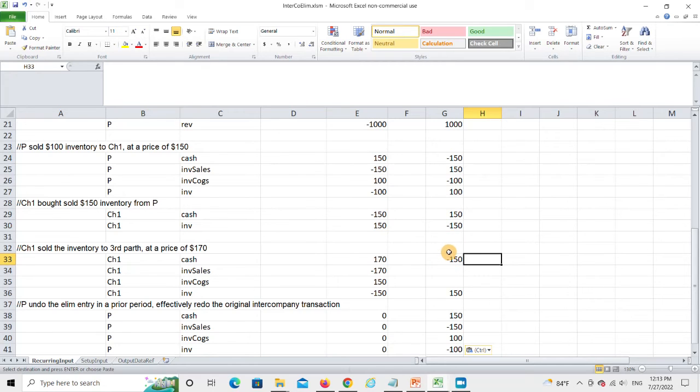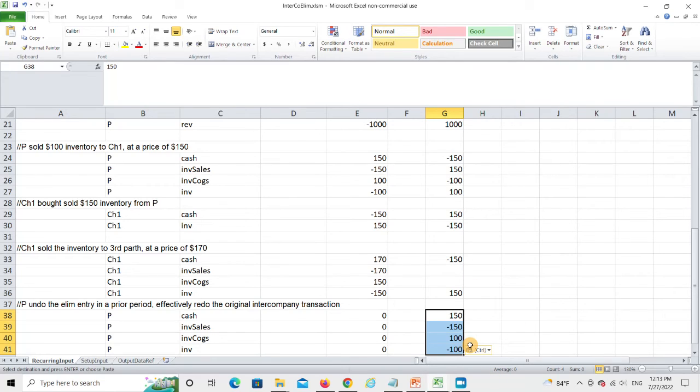So it is reversing the elimination entry of the prior quarter. And the same thing happened on the parent's book as well. And these are to reverse the original elimination entries.